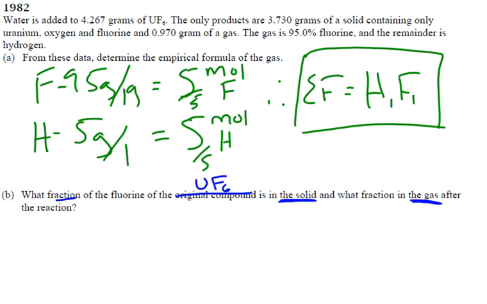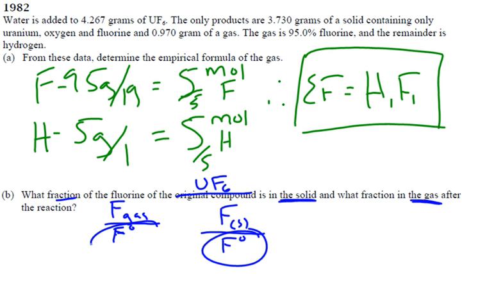So we want to know the fluorine that's in the gas out of the original amount of fluorine present. Let's just call this fluorine naught, original fluorine. And then we want to know the fluorine in the solid. And the whole, again, is going to be the original amount of fluorine. So we need to figure out how much fluorine we originally had.